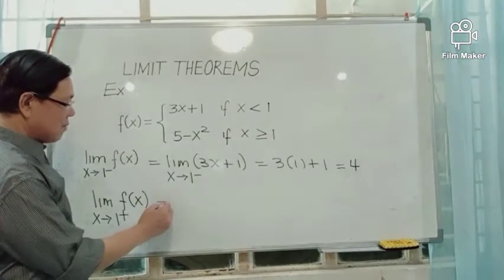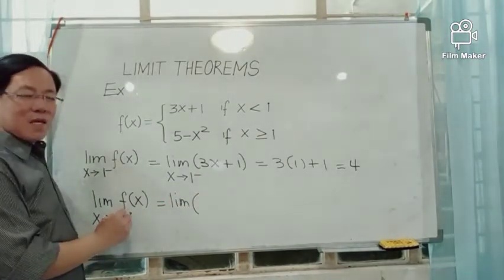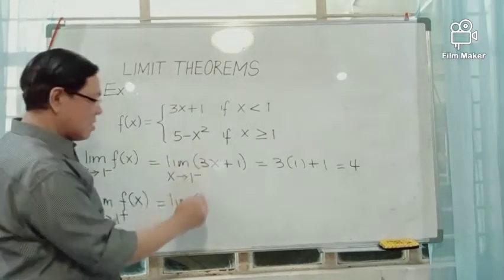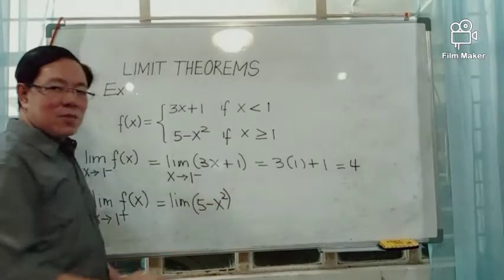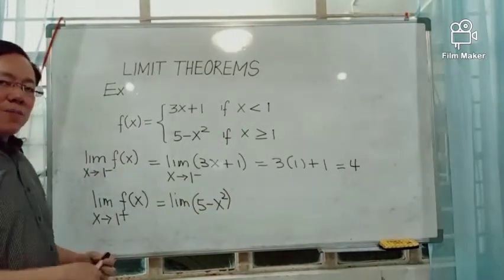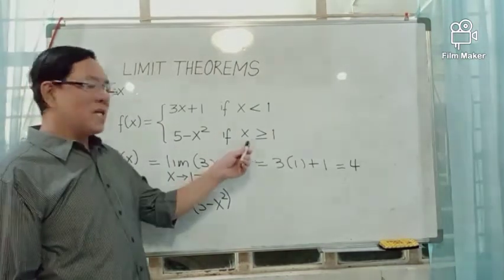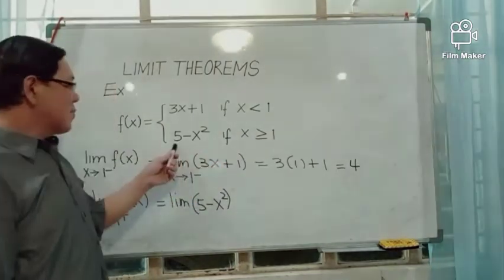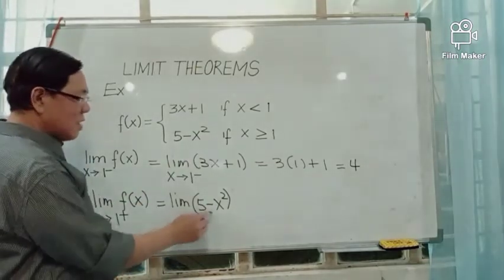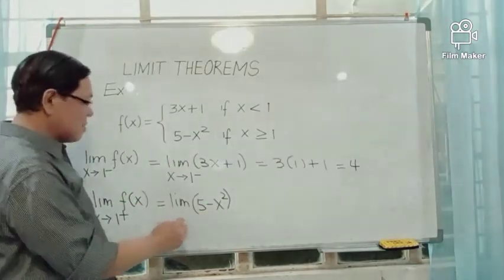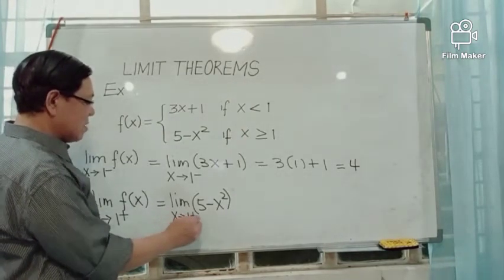And we have the limit. For f of x, we use 5 minus x squared, because as we said, the values of x are greater than 1. When x is greater than 1, the value of the function is 5 minus x squared. And we evaluate the limit of this function as x approaches 1 from the right.